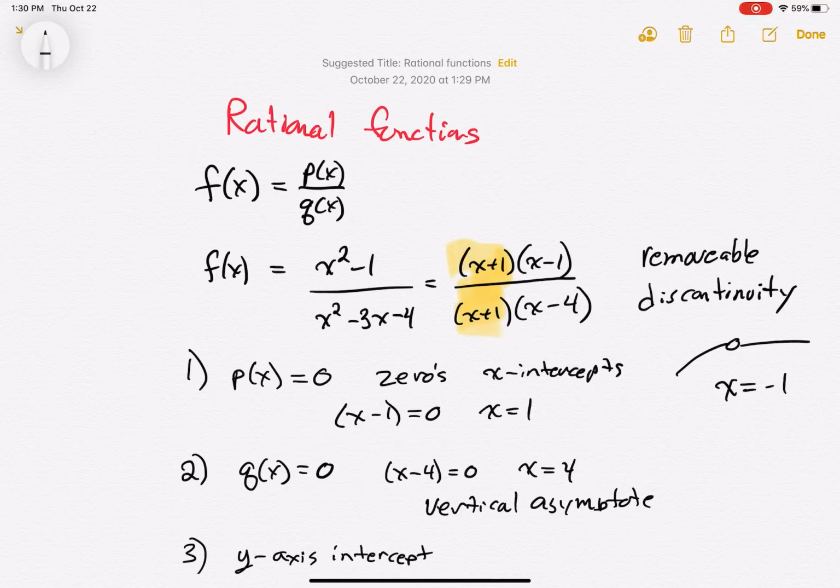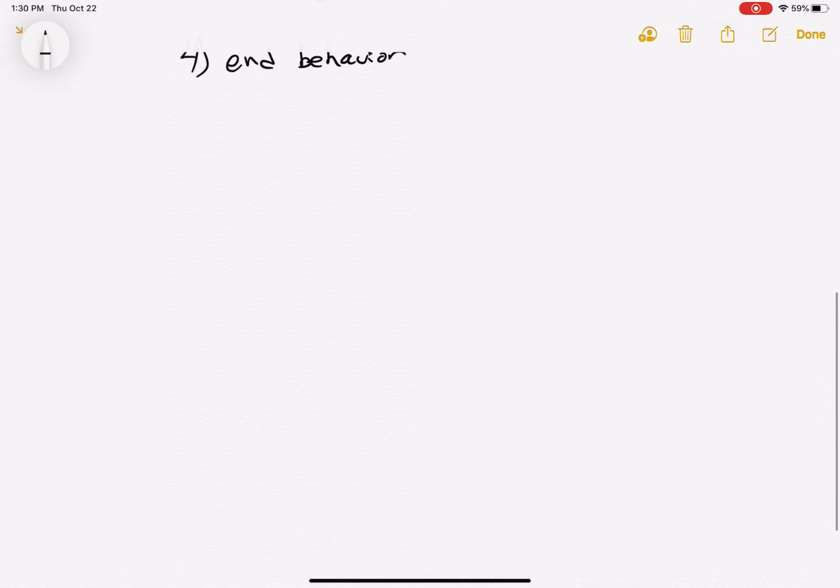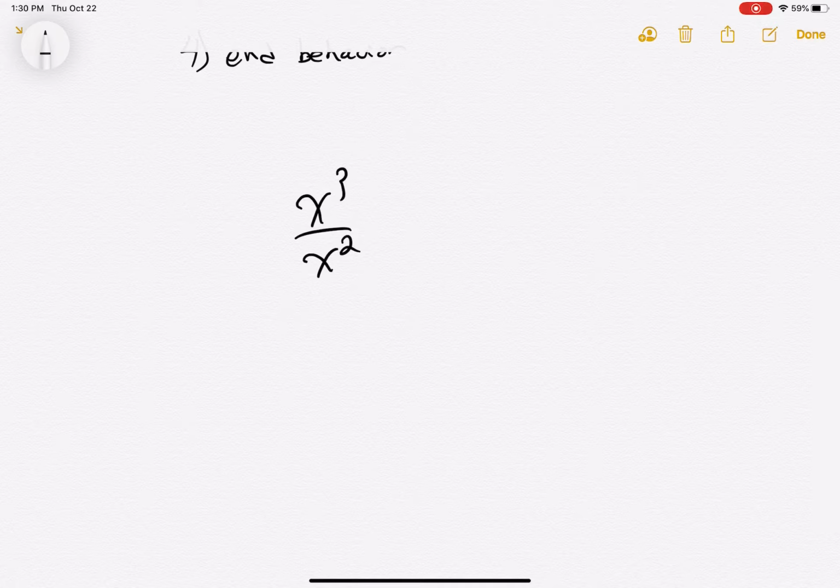If you think about it, for example, let's say I had x cubed over x squared, and as x goes to infinity, this cubed part is going to be way bigger than this part here. So it's going to be infinity cubed over infinity squared, so it's going to go towards infinity.